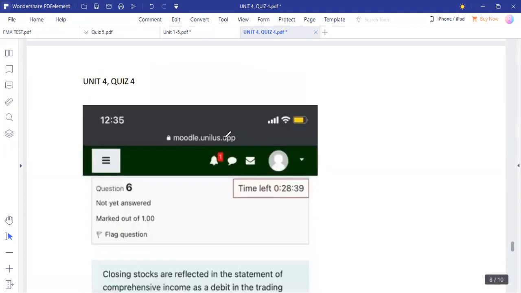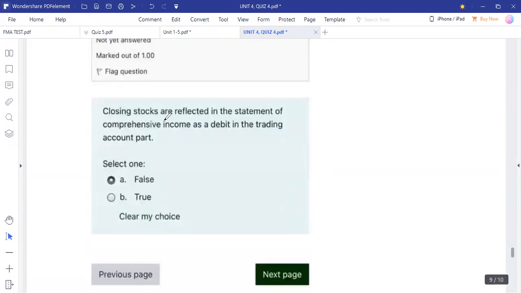So we go to the closing stock. Now the closing stock is reflected in the comprehensive statement as a debit in the trading account. Is this true? The closing stock is reflected in the statement as a debit part of the trading account.